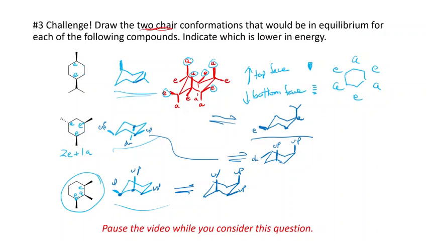In the first case, the isopropyl group is up. The methyl group is up in the picture. It's up in this picture. And it's up in this picture. It's the up and the down that we keep exactly the same in all depictions of cyclohexane, no matter how we do it. That is a key to making this work. When you flip a ring, every axial becomes an equatorial, and every equatorial becomes an axial.